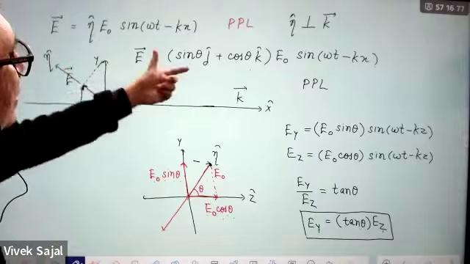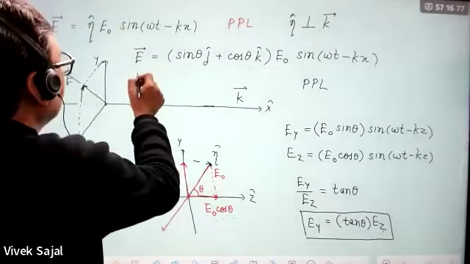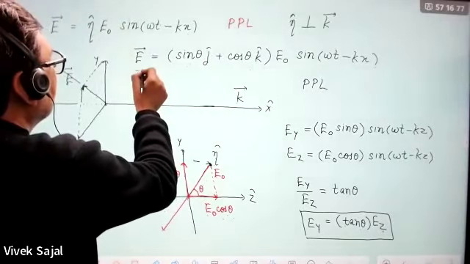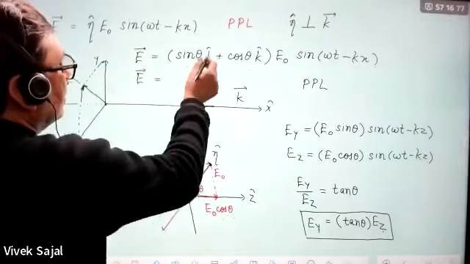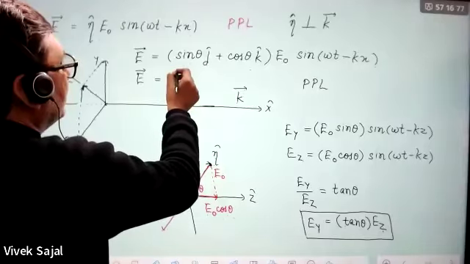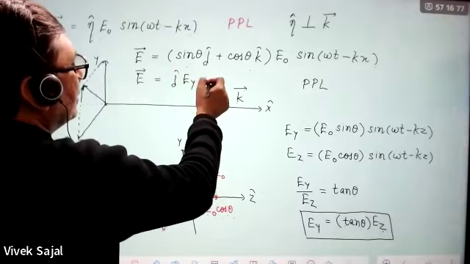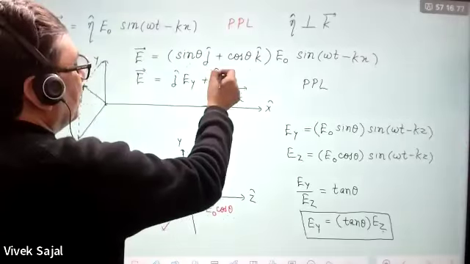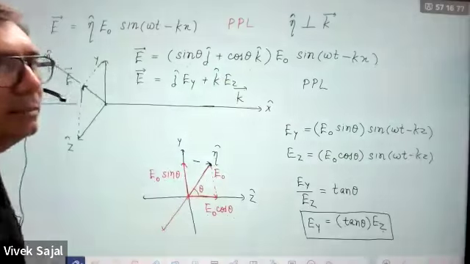So the equation I can write like this. Now, what type of equation is this? You can write it as j cap Ey plus k cap Ez.